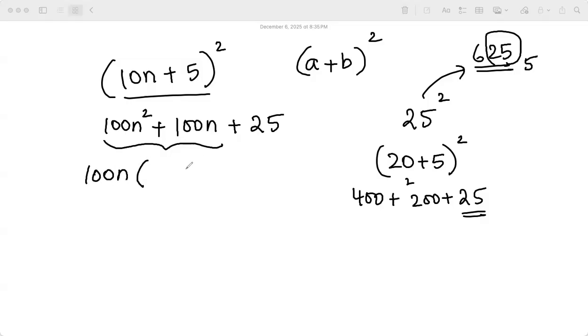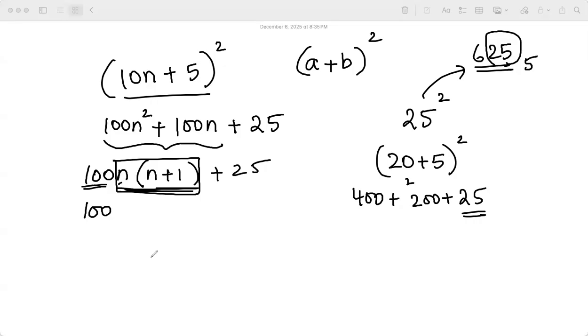When I take it out as common, what will come in the bracket? n plus 1. So what you're doing is just n times n plus 1. That is your hundreds digit, the digit that goes towards your left is n times n plus 1 that you do, along with 25 square.